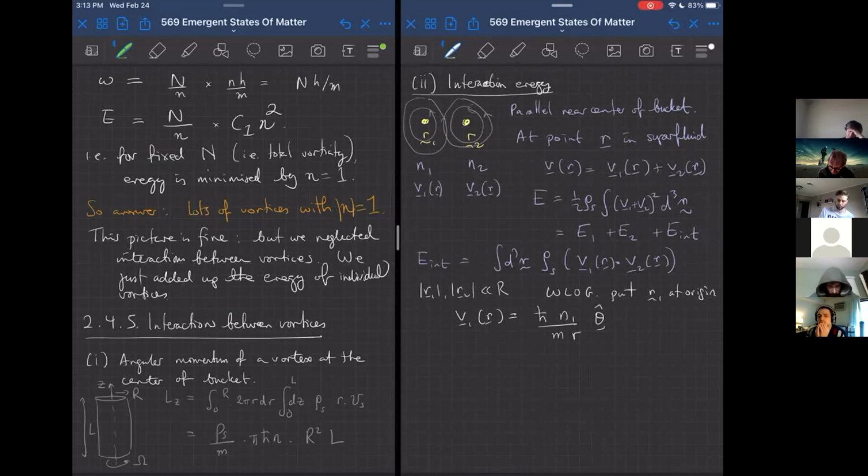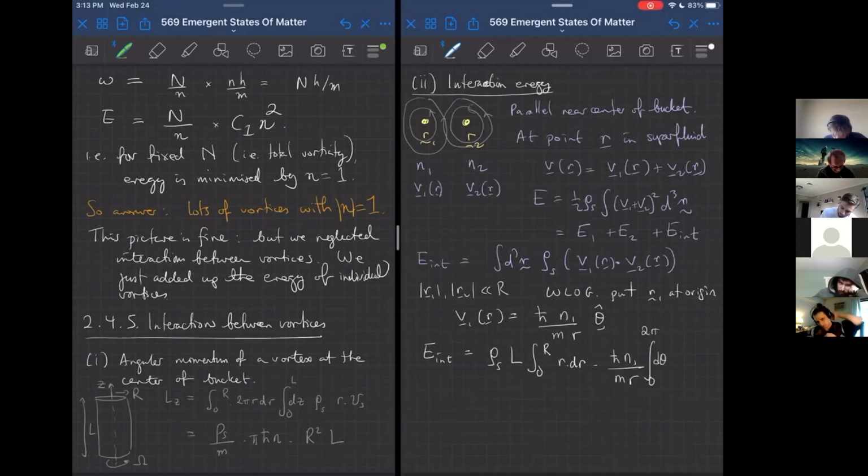And then the interaction energy is then just going to be rho s times L, the integral from 0 to R of R dr times h bar N1 over M R times the integral from 0 to 2 pi d theta of theta hat dotted with V2 of R.